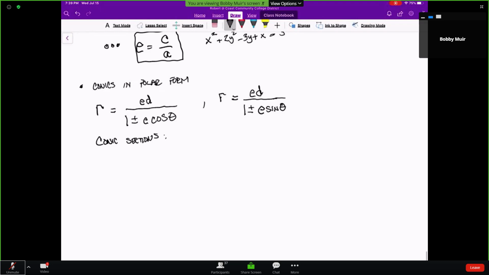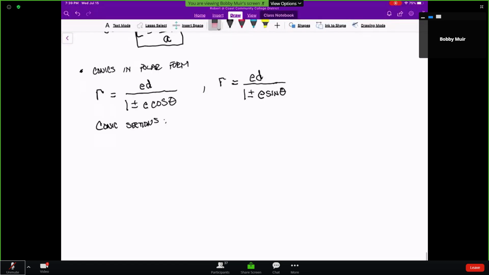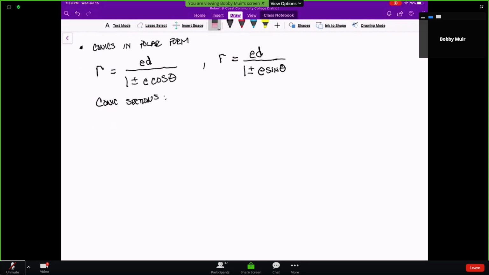Okay, now the special thing about the E number. The eccentricity is telling us what the orbit is like. For example, an orbit like the Earth's, which is semi, it's not circular, none of the orbits are.